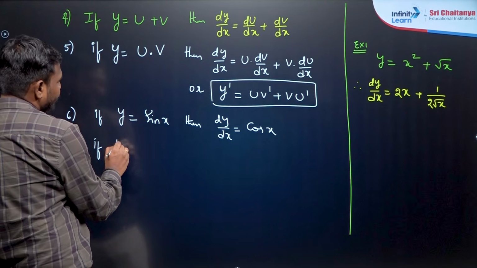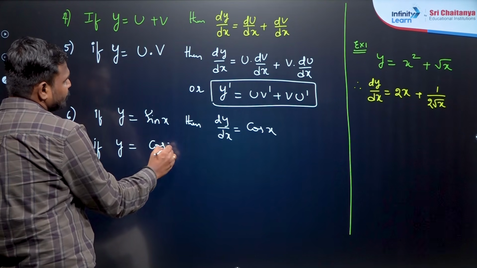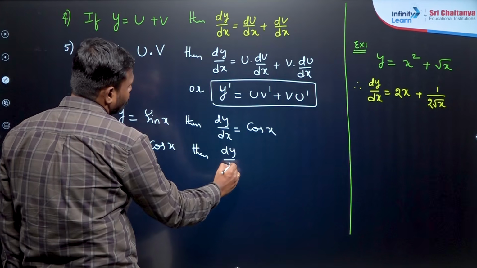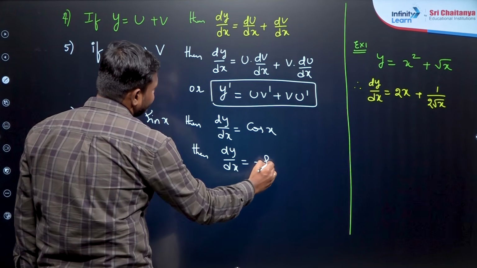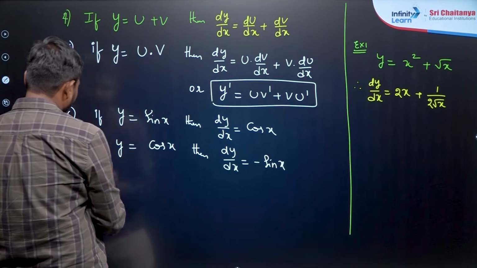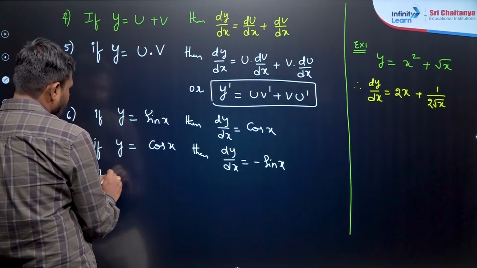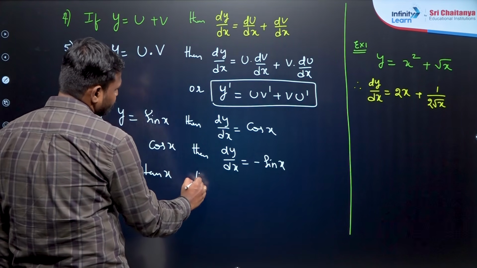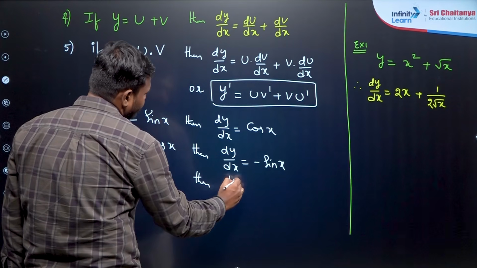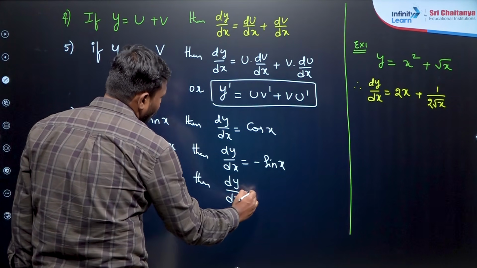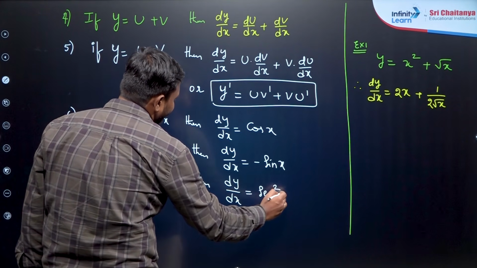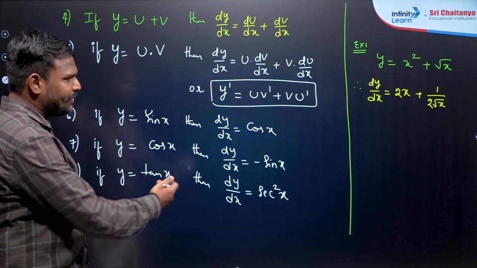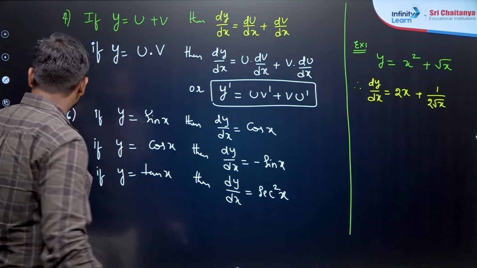If y is equal to cos x, then the derivative would be minus sin x. If y is equal to tan x, then the derivative would be secant square x. Please copy these formulas also. Then we will go to the next slide.